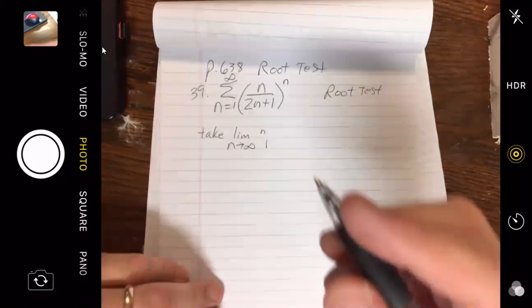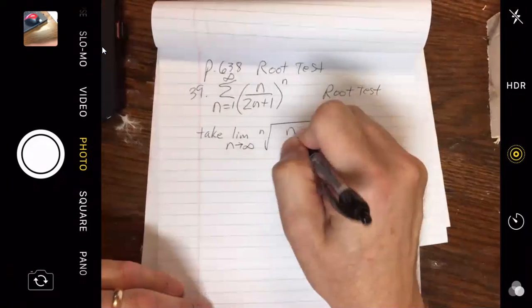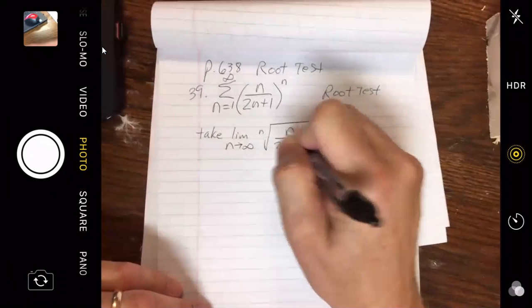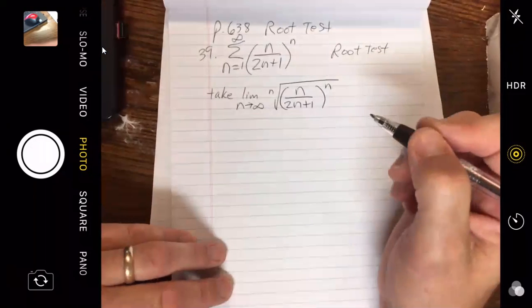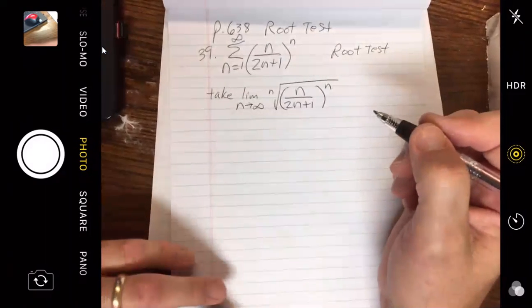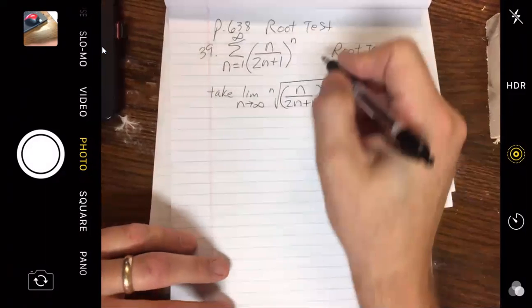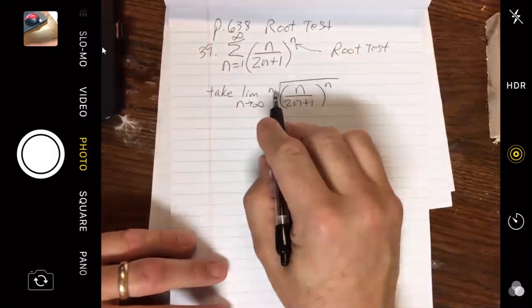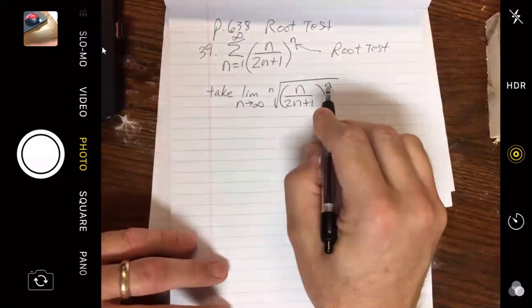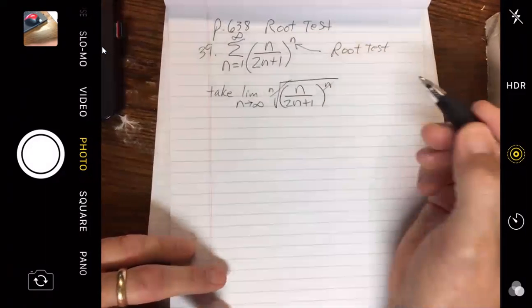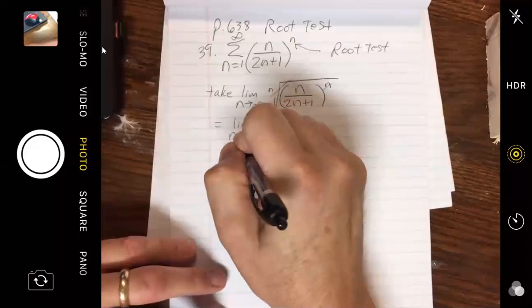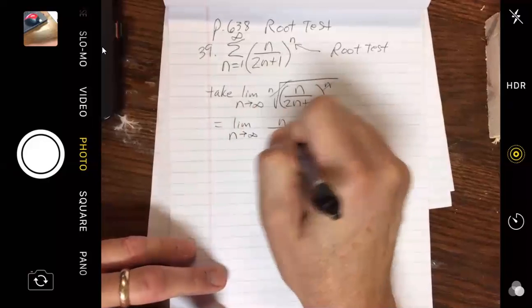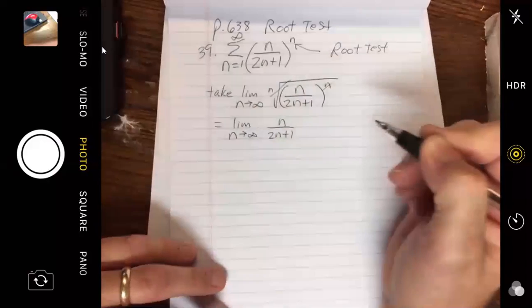Okay, so you take an nth root of n over 2n plus 1, and it's raised to the n. This is why root test shines with powers of n, because when you do the nth root on the nth power, they cancel. And you get a limit as n goes to infinity of n over 2n plus 1.